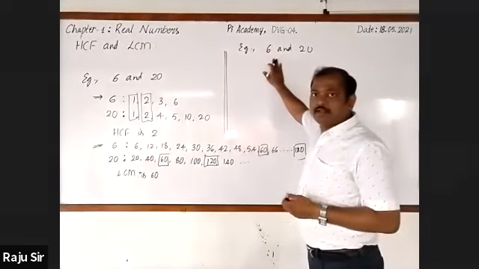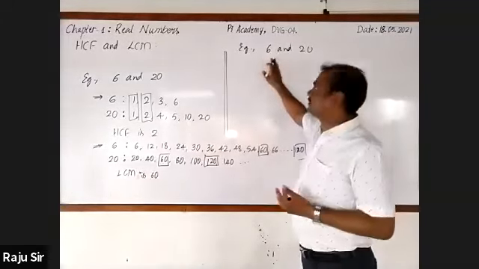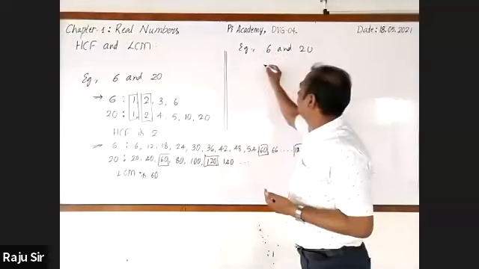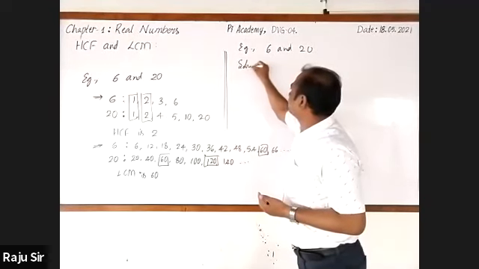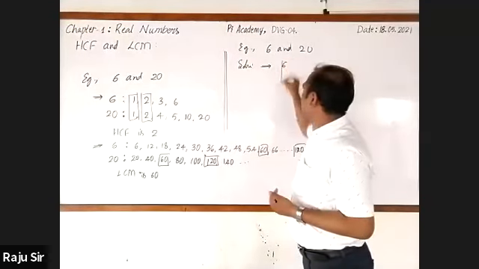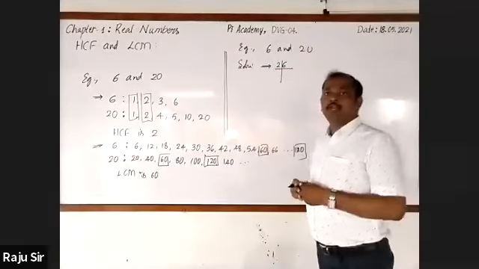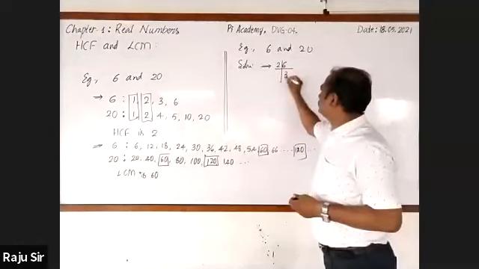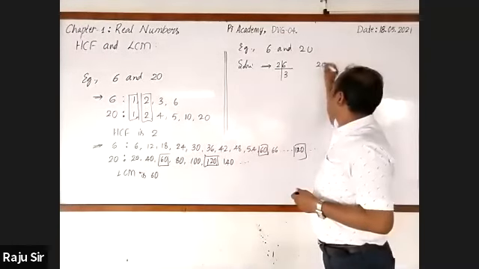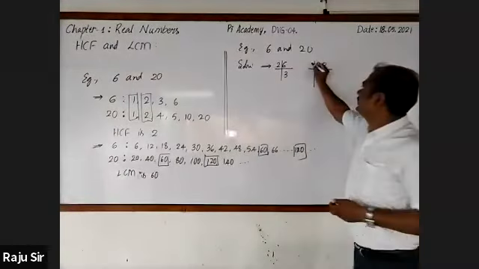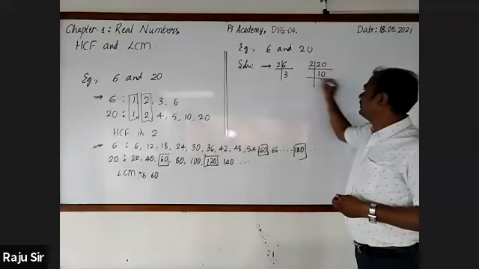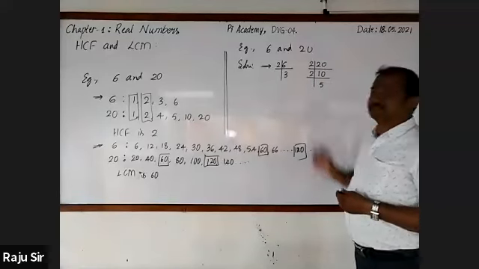Here 6 is there. Let us find the prime factorization of both 6 and 20. 6 can be written directly, but I'm following the actual method: 2 3s are 6. Similarly, 20: 2 10s are 20, then 2 5s are 10.